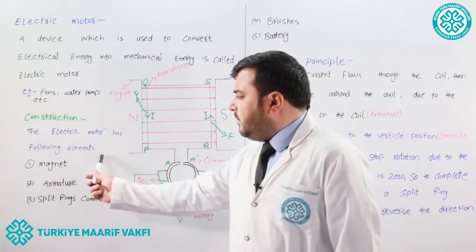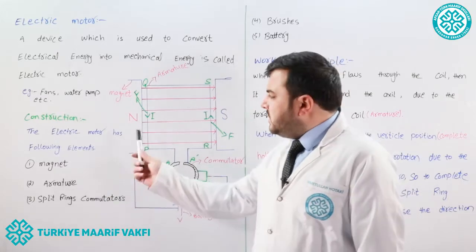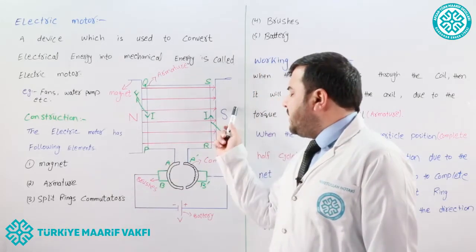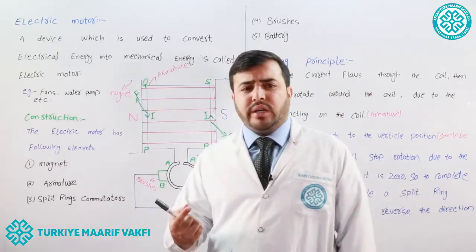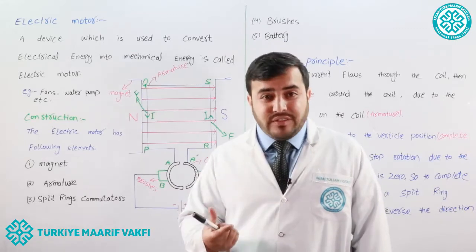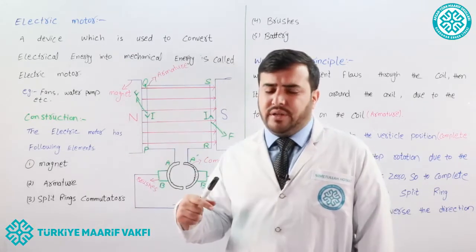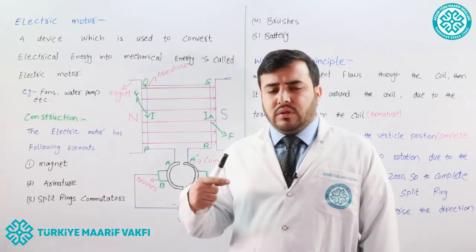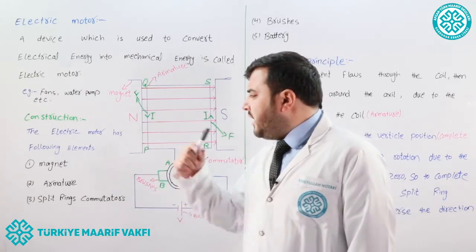The first element of the electric motor is the magnet. This is a magnet used in the electric motor and it provides the magnetic field. The external magnetic field is obtained from magnets.